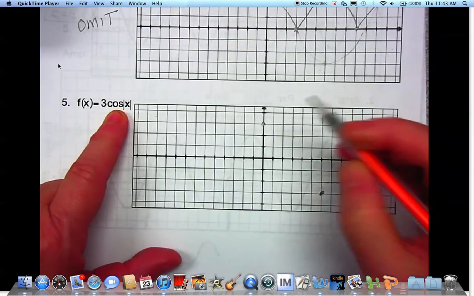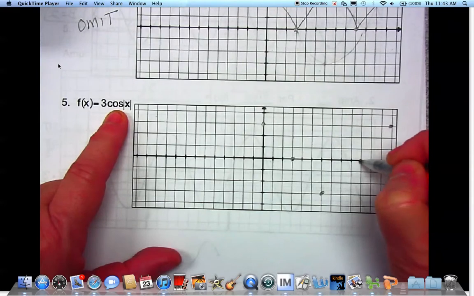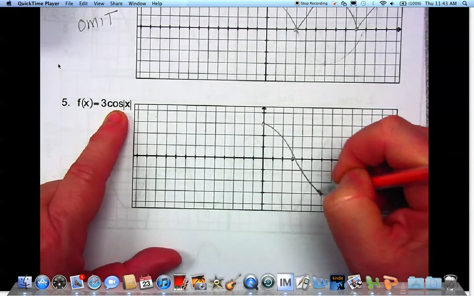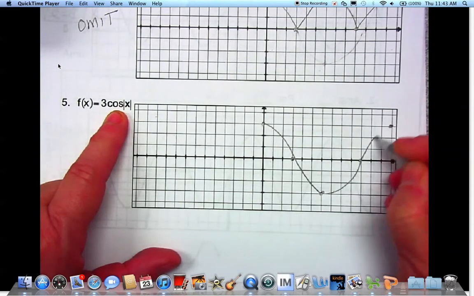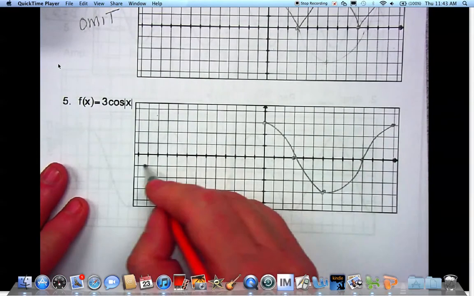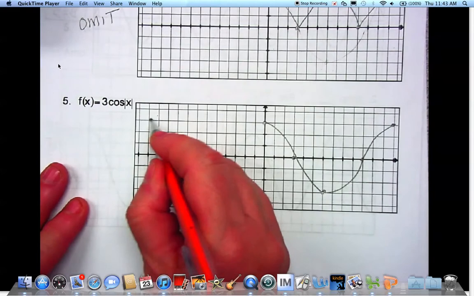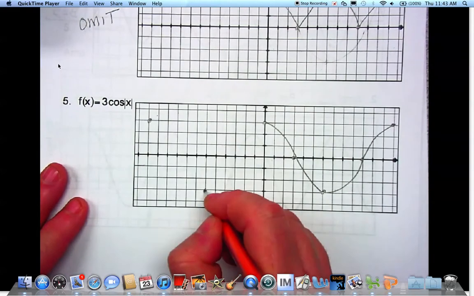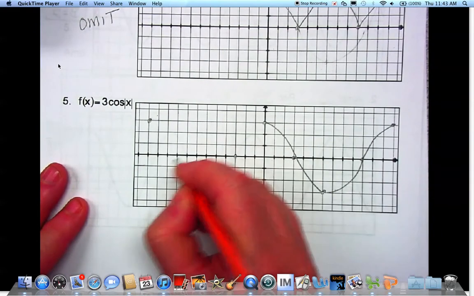That's 3 cosine x. Then the absolute value of x makes it flip over to this side, which it would have anyway. It didn't really change this one.